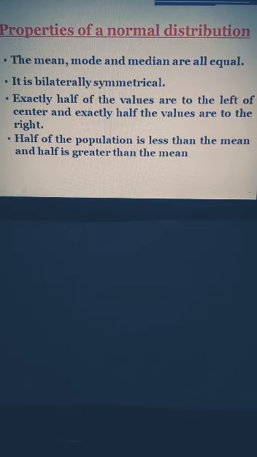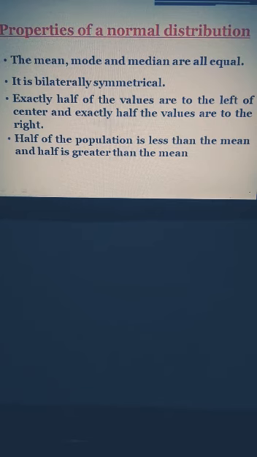Exactly half of the values are to the left of the center and exactly half of the values are to the right. If the mean is 80, half of the values lie on the left side, and the values more than 80 lie on the right side.